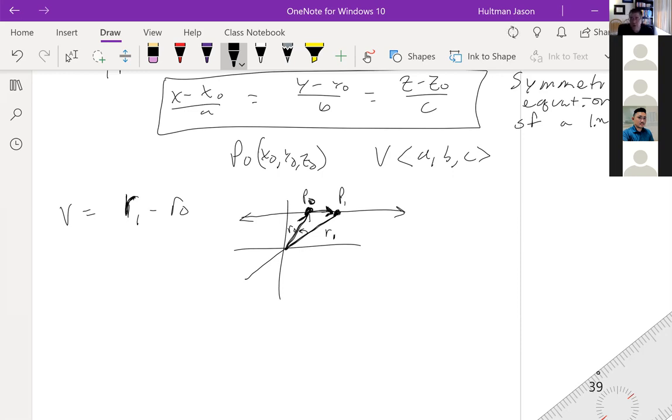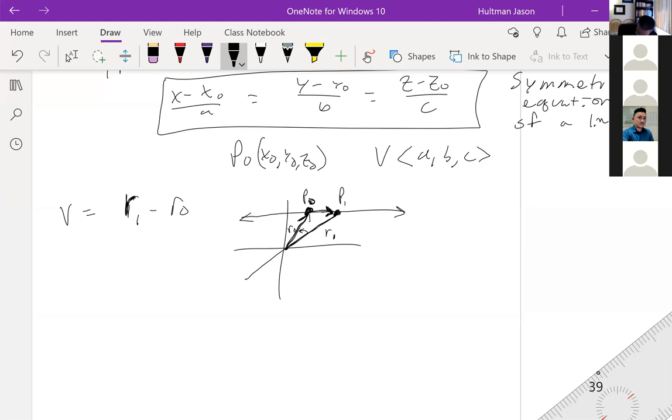It's the next value up, after t is equal to 1, basically. After 1 unit of time or 1 unit of measurement, however you want to think about it.